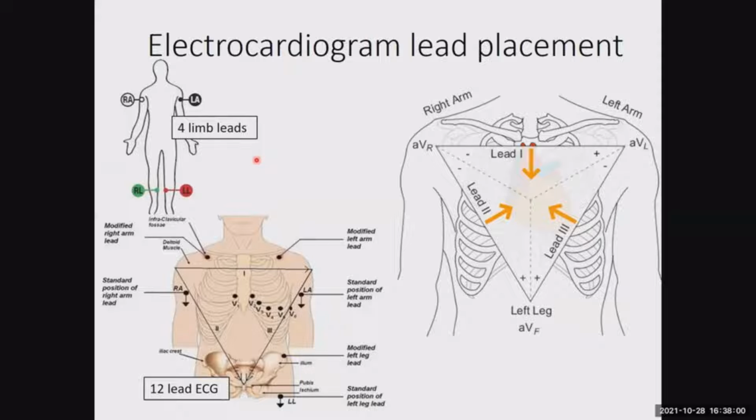If you're in a clinical setting using an ECG as a diagnostic tool, you're often going to use a 12-lead ECG. And what you can see here is that you still have a lot of positions associated with the arms, with the limbs, but you're also going to have a series of leads located in the thoracic area to more accurately measure the electrical activity associated with the heart.